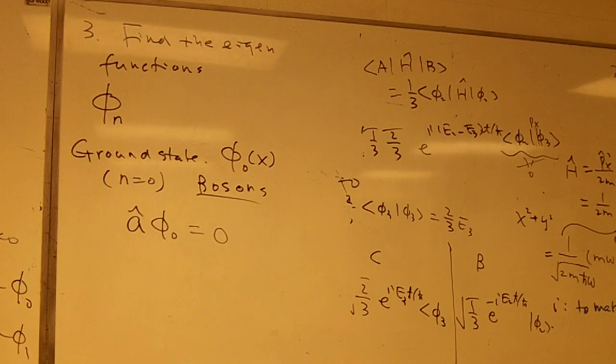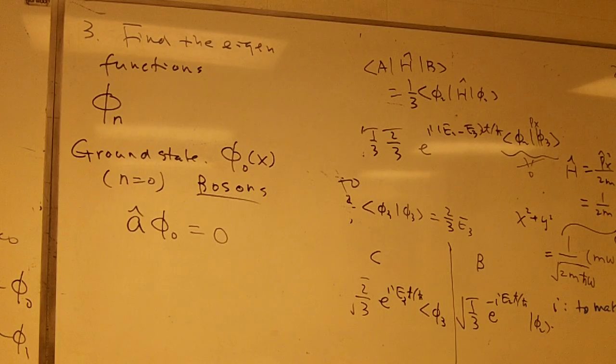Yes, question. If you have the second excited state, is that going to be proportional to phi 0, or is that going to be proportional to phi 1? Let me write this entire thing down. Suppose you are interested in phi 2. Which operator are you interested in, a-hat or a-dagger?